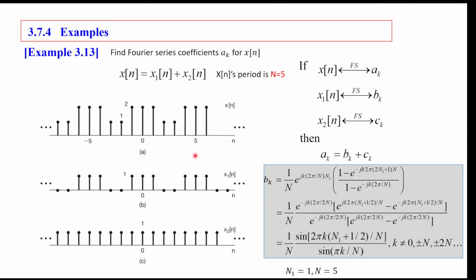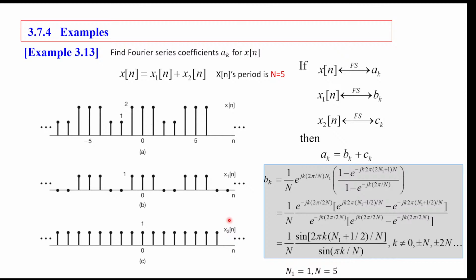And for bk we had the formula before, so this is a copy from the previous formula. Before we were calculating the general formula for a signal looking like this, and we have that bk will equal 1 over N times sine of 2 pi k over N times N1 plus 1 half, over sine pi k over N. Big N is the period here, so the period we know is 5, and then we have big N1.